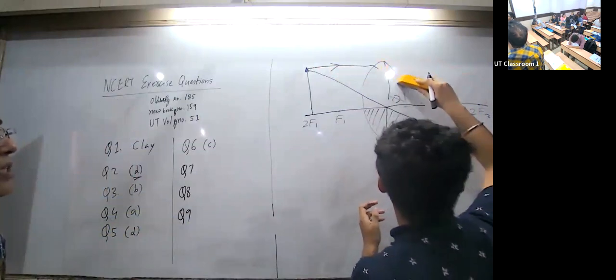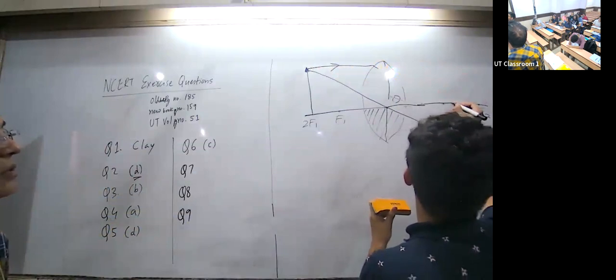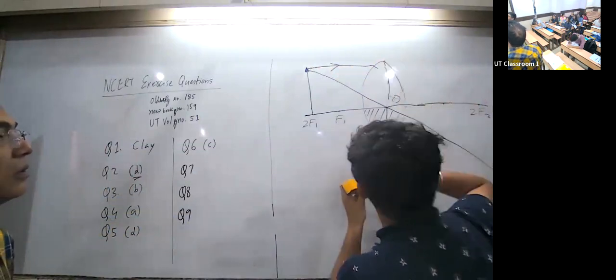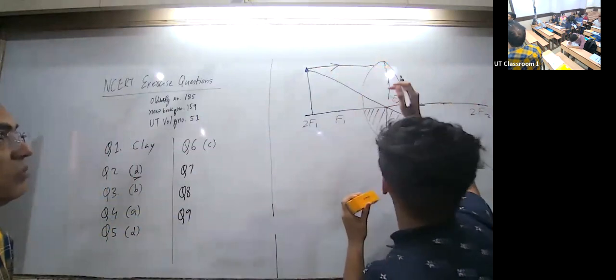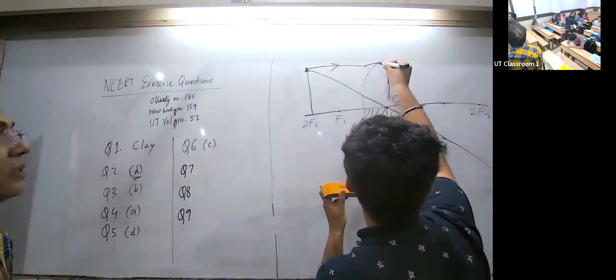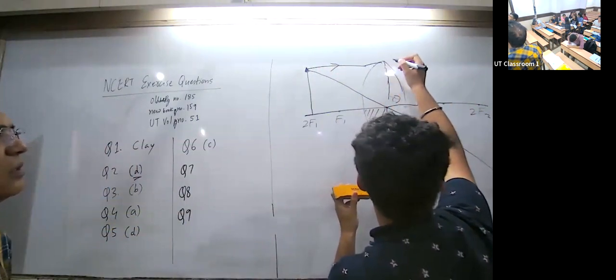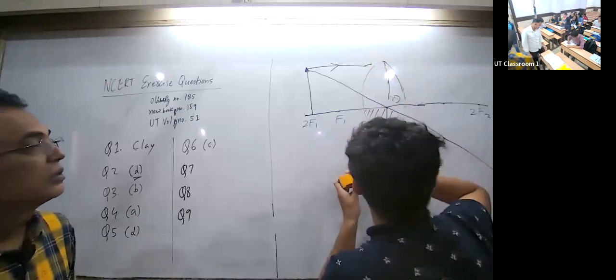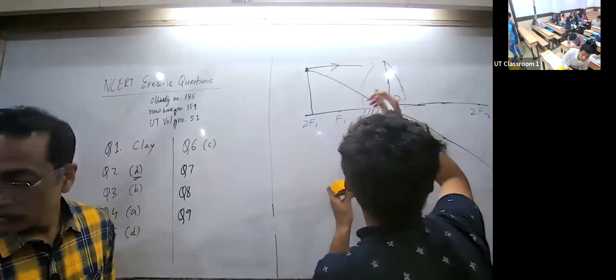Till half the length, correct. Straight till the mid portion. It went up. क्या हो गया?